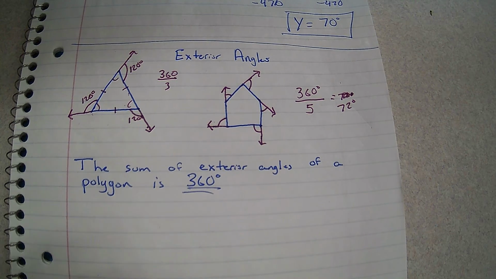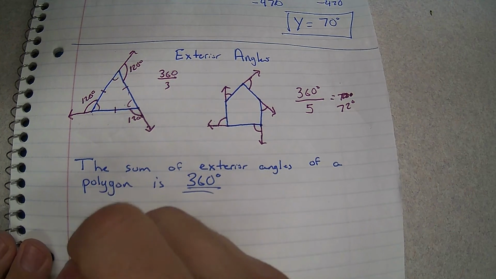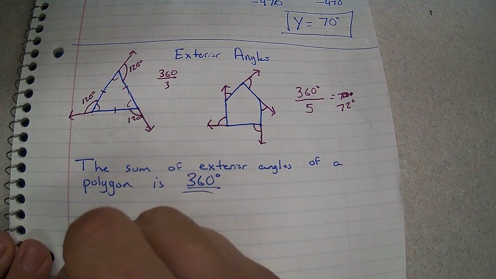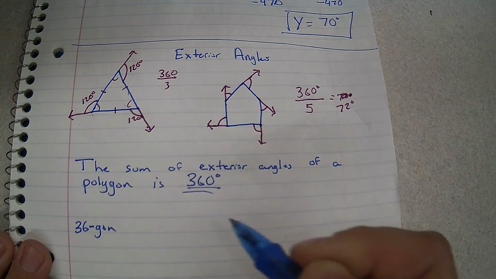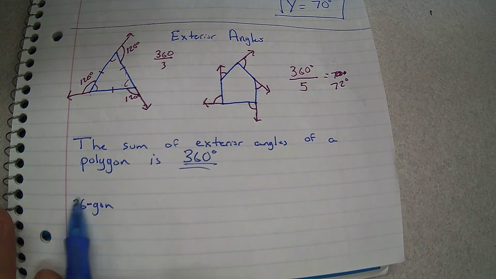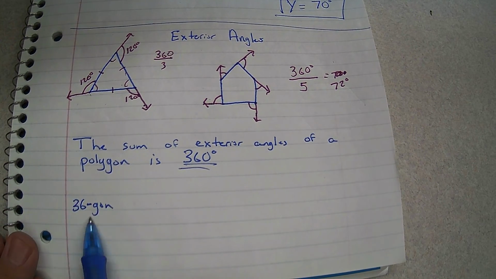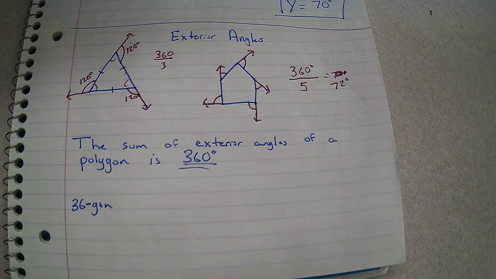If I wanted to find the measure of a 36-gon, so when we get bigger shapes with a lot more sides, we just say it's a 36-gon. Because we do have our triangle, quadrilateral, pentagon, hexagon, heptagon, octagon, nonagon, decagon.